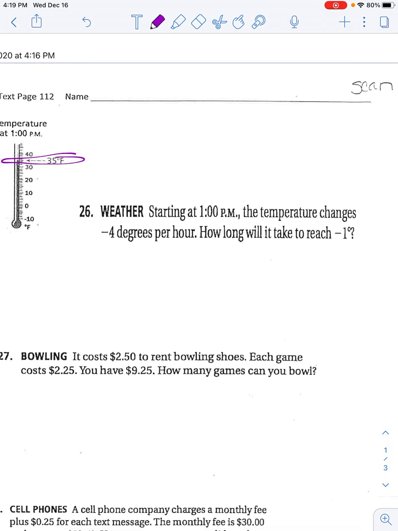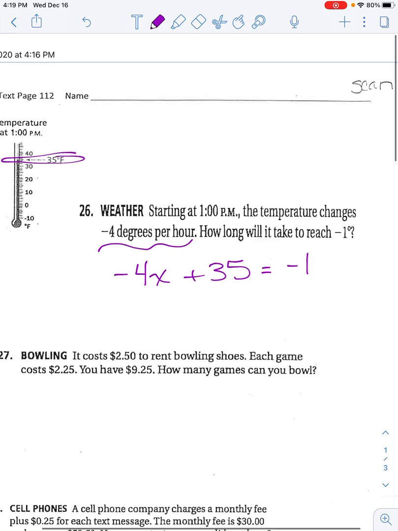The temperature changes at -4 degrees per hour. We're going to write that like this, -4 times however many hours, right? Right now, we're at 35 degrees. How long will it take for us to get to -1?